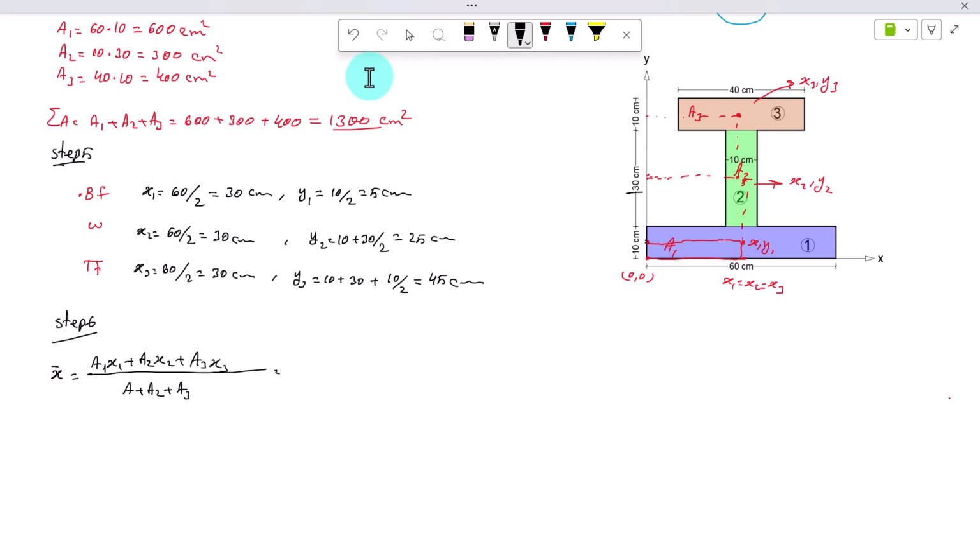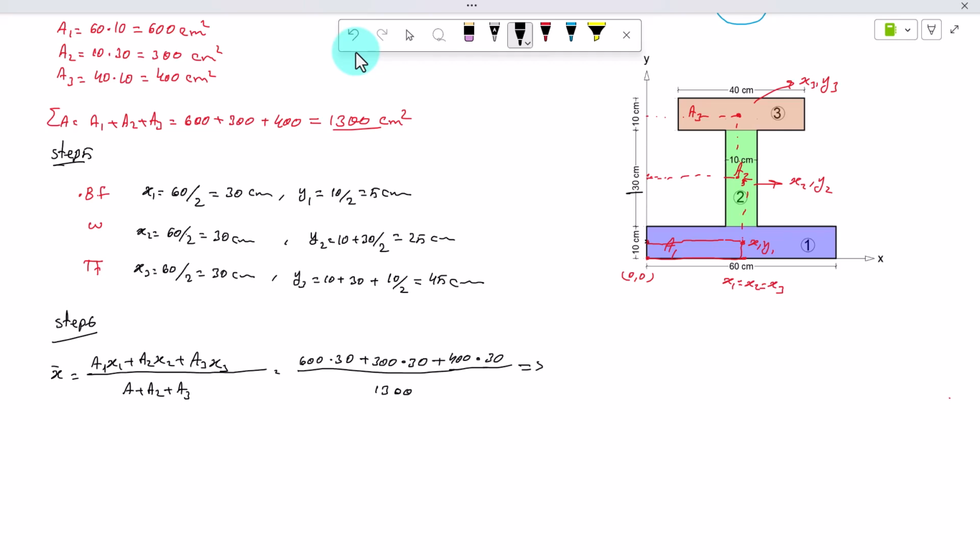Now we can write the value of each parameter here. A1 we found was 600 times x1, which was 30 centimeters, plus A2 was 300 times x2, also 30 centimeters, plus A3 was 400 times 30 centimeters, divided by A1 plus A2 plus A3, which was equal to 1300.